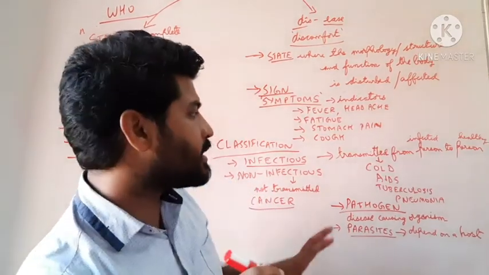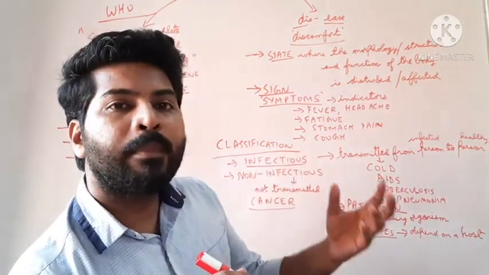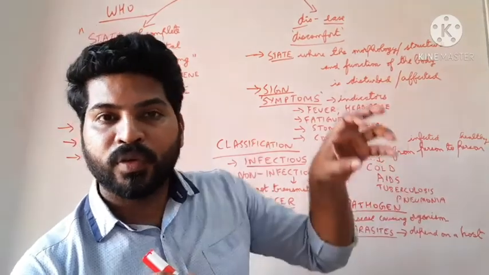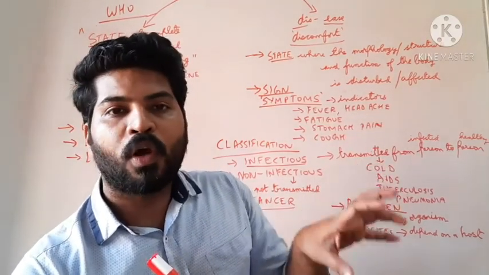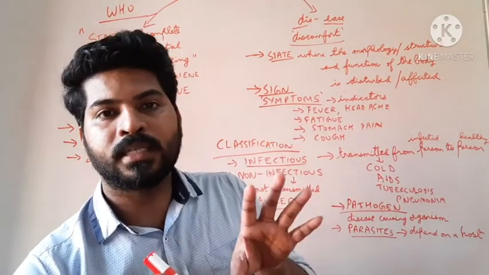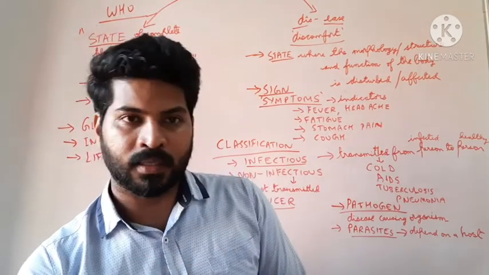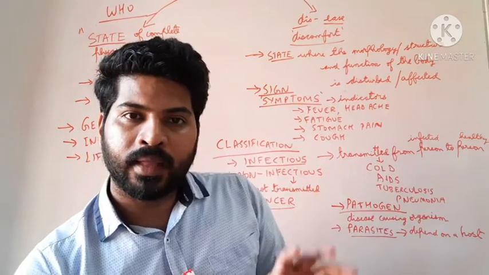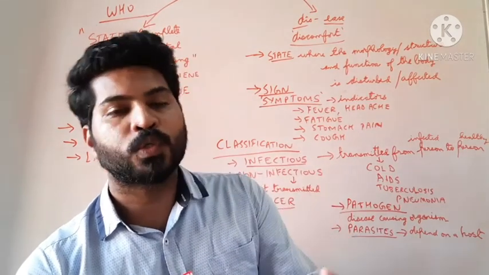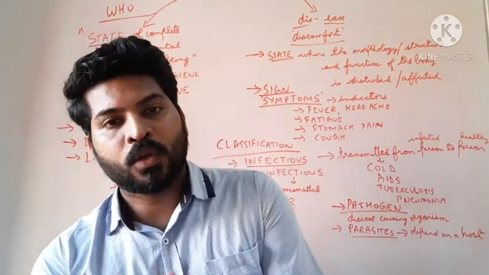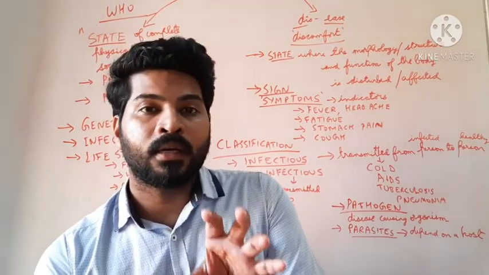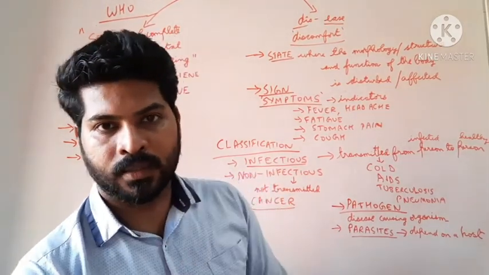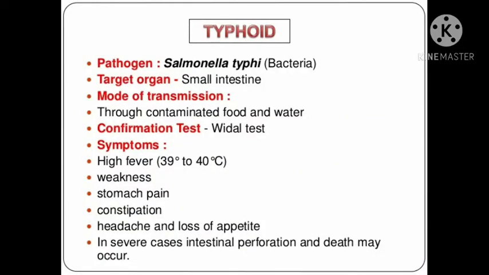So we will be discussing some representative members from each group causing a very common disease in human beings. Let us start with bacteria, then discuss virus, protozoa, diseases caused by worms, and finally diseases caused by fungus. The first bacterial disease is typhoid.